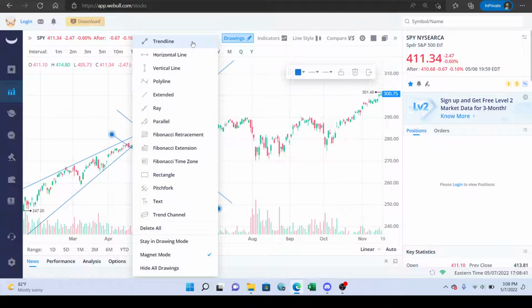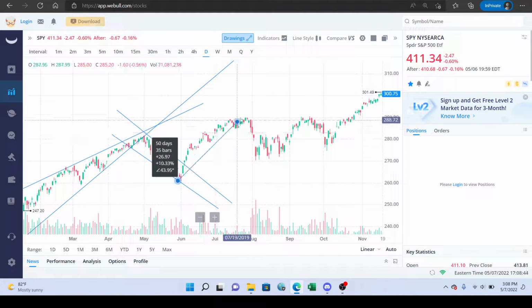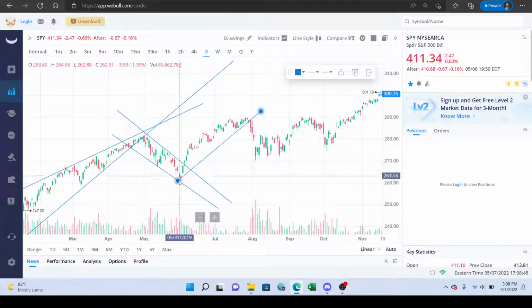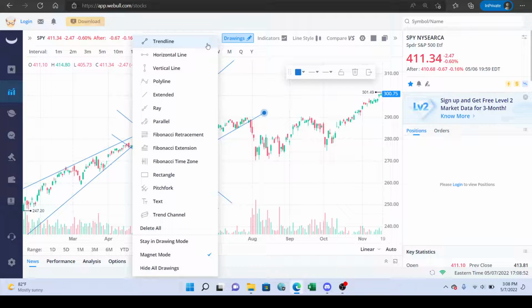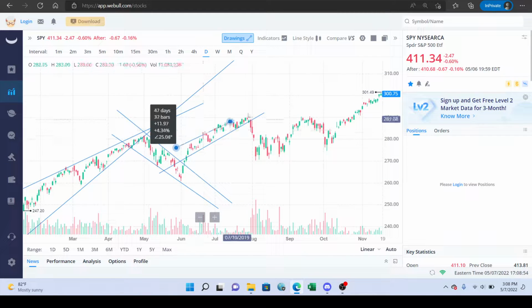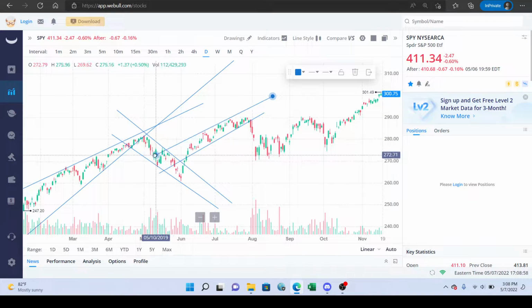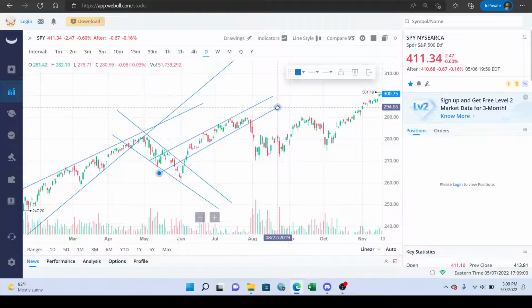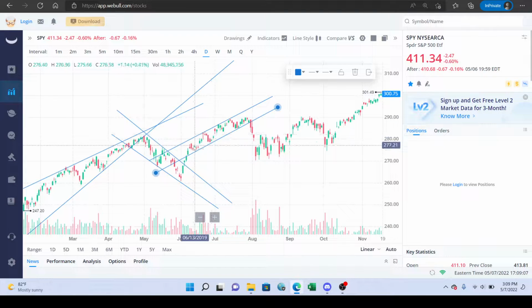And then we'll see, is this right here a trend channel or is it a rising wedge? I would see this more as a trend channel.